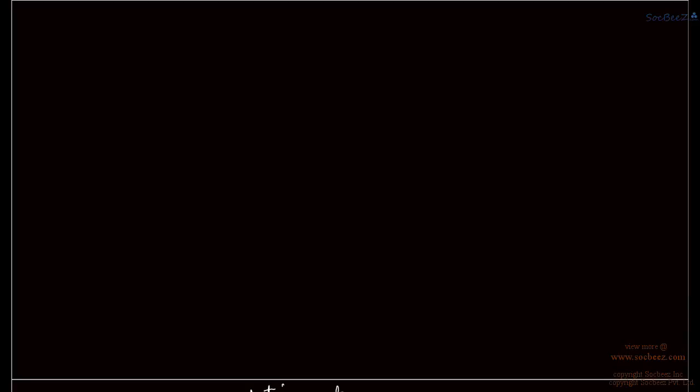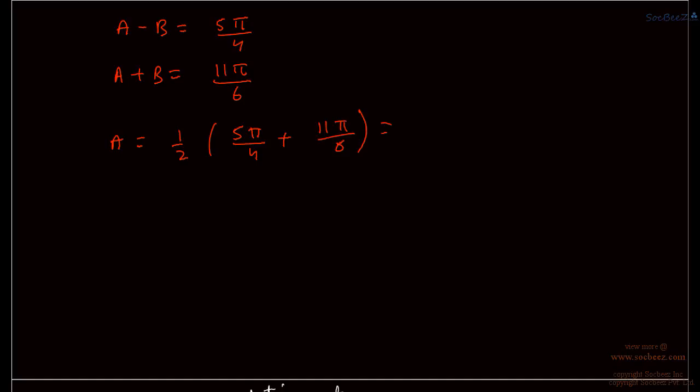For the next set, we have a minus b is equal to 5 pi by 4, and a plus b is equal to 11 pi by 6. So you get a as half of 11 pi by 6 plus 5 pi by 4.